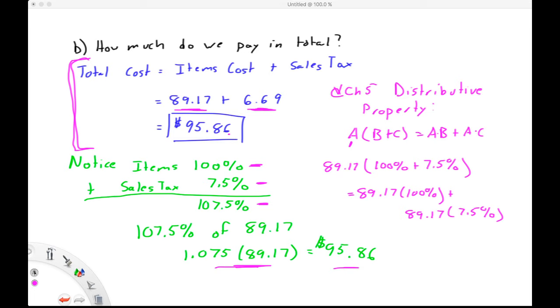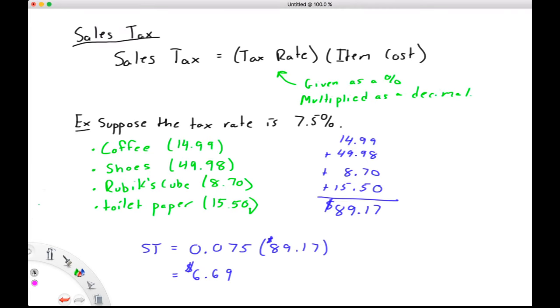Part B is just calculating the total cost. So when we go onto Amazon and we pick out all of these different items, these cost $85 or $89.17. That's not what we pay though, because we also pay $6.69 on top of that.